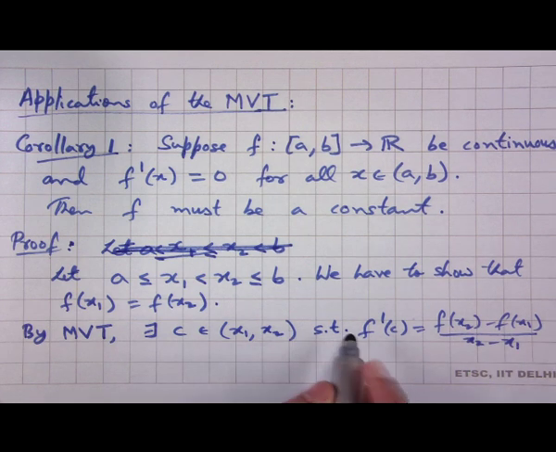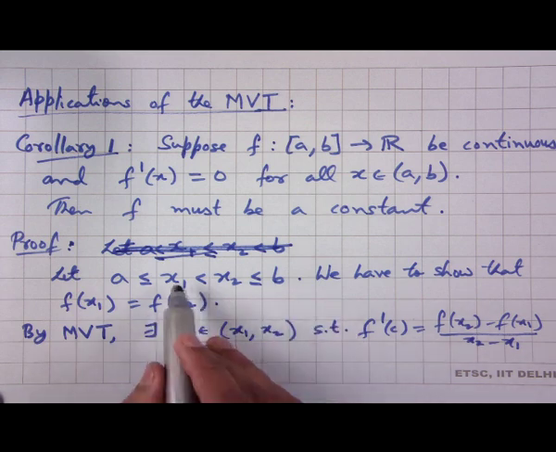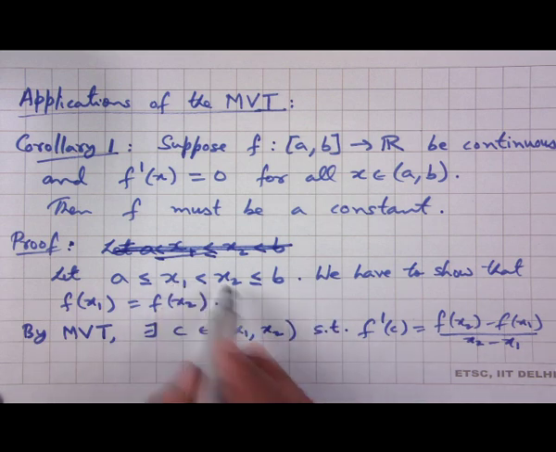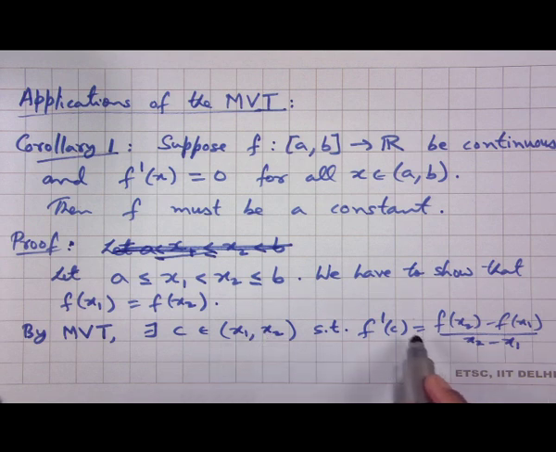This is because we know that the function is continuous in the closed interval [x 1, x 2] and it is differentiable in this open interval. Therefore, by the mean value theorem there is some c such that f prime c is equal to this ratio.